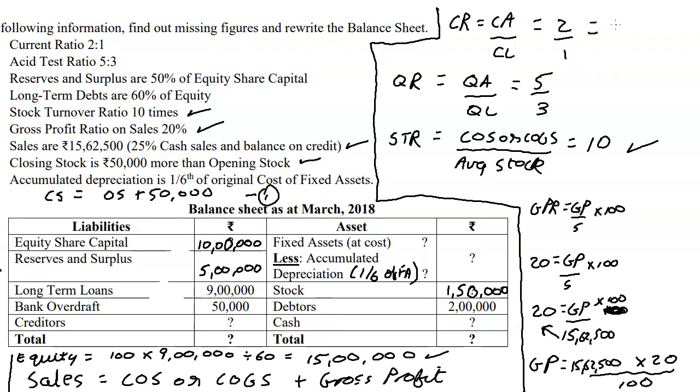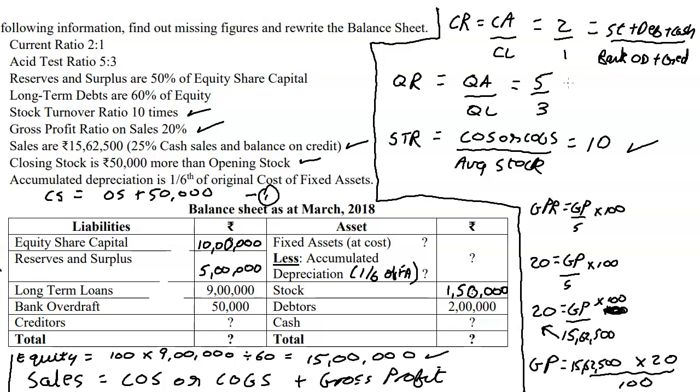So we have stock plus debtors plus cash in the numerator, and in the denominator we have bank overdraft plus creditors.